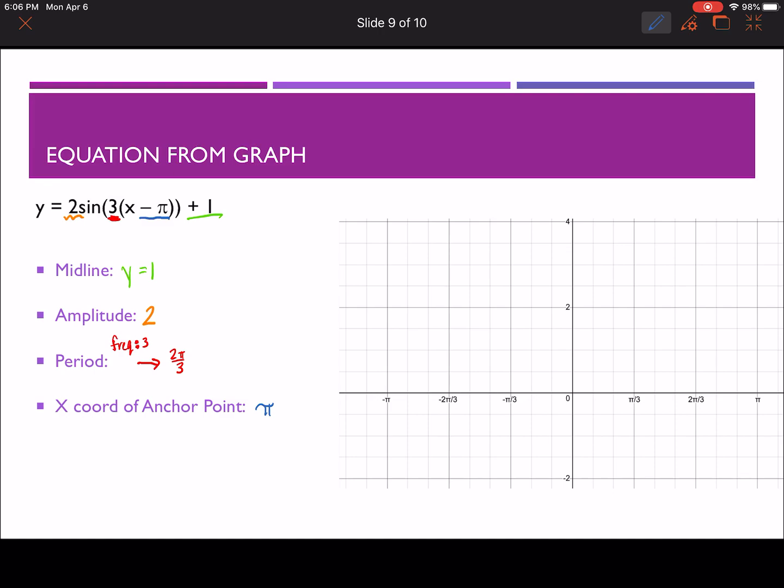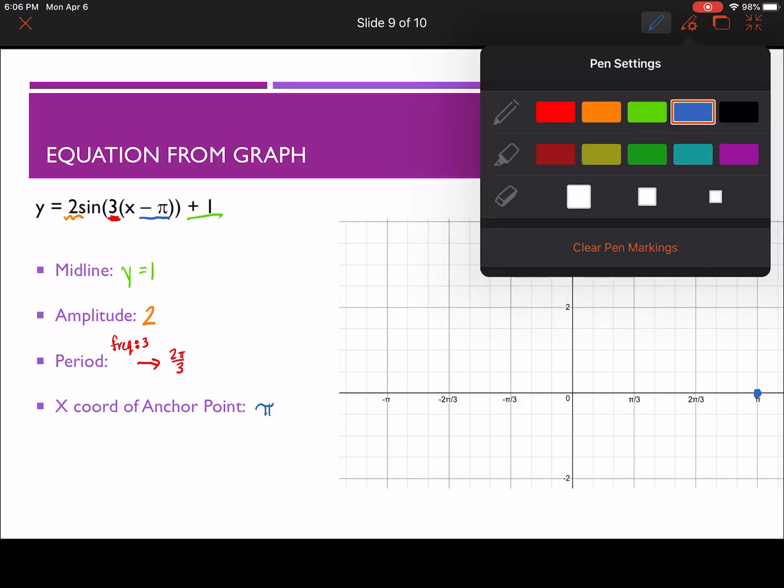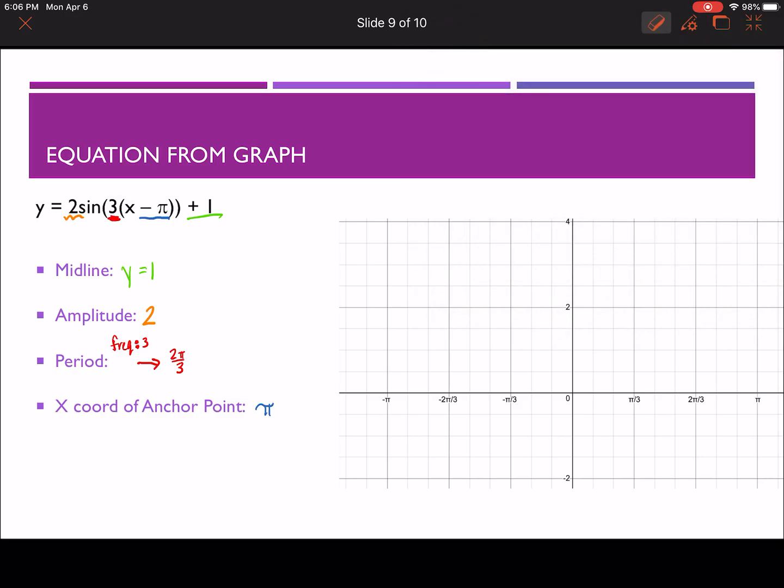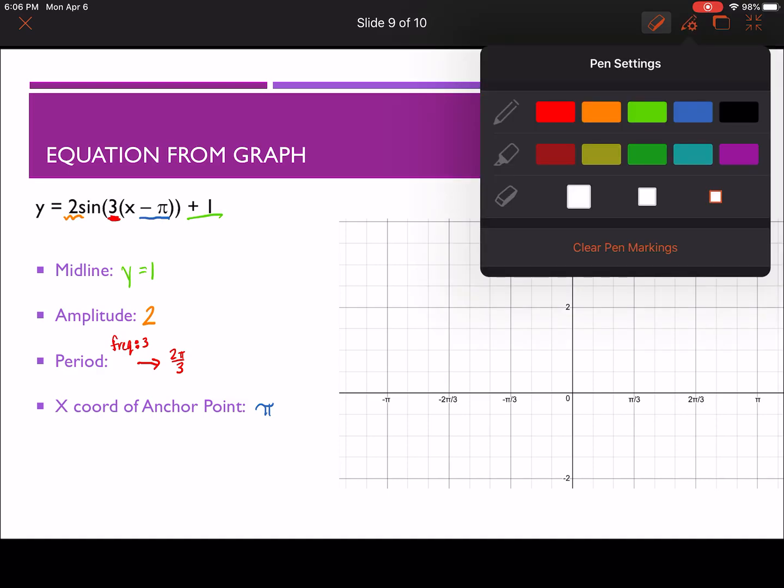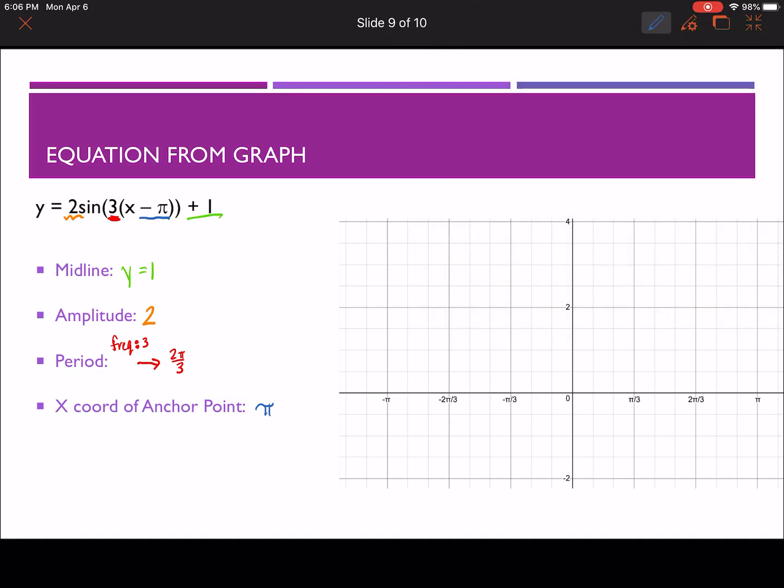Okay, which means the x-coordinate of my anchor point is here at pi, all the way at the end. Okay. We can think through this. We got this. No big deal. If the x-coordinate of my anchor point is all the way out here at pi, I also have to think about where it is on my midline. So I'm going to erase and move back. But just so we know, we're dealing with an x-coordinate of the anchor point right here at plus pi.